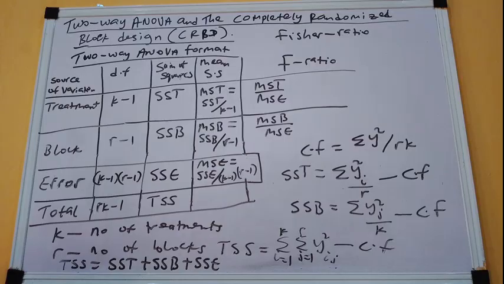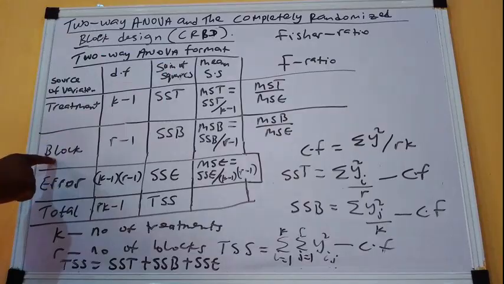So this is the Anova design for the two-way analysis of variance. The essence of adding the block, because each block contains all the treatments, is to make the experiment more efficient. If the blocks are not there, if it were the one-way Anova, this source of variation, the block, will not be there.